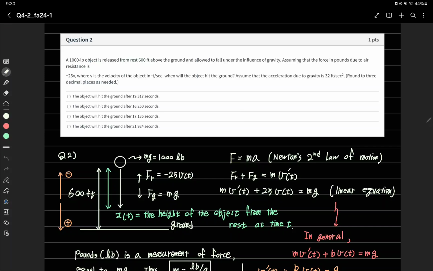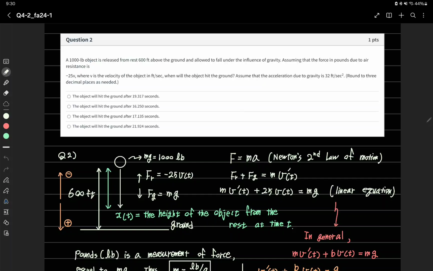A thousand-pound object is released from rest 600 feet above the ground and allowed to fall under the influence of gravity. Assuming that the force in pounds due to air resistance is negative 25v, where v is the velocity of the object in feet per second, when will the object hit the ground?